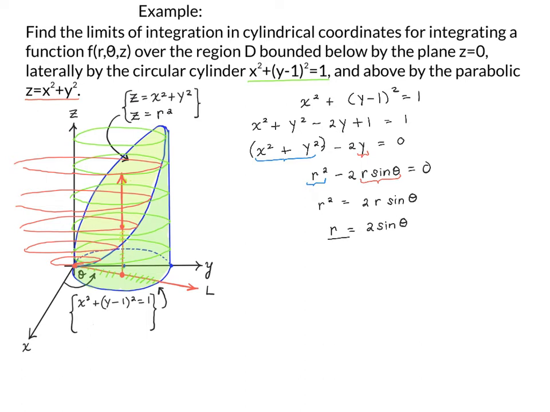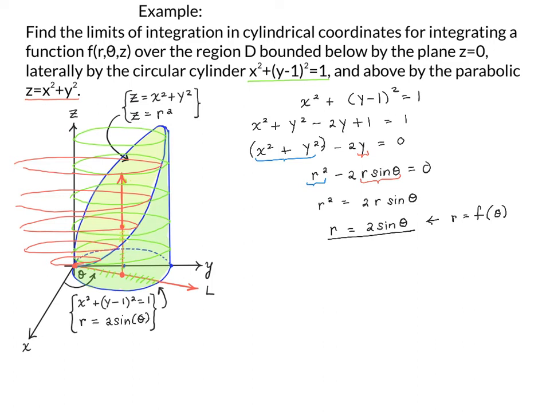So this gives me an equation for r in terms of theta. We really want to write r as a function of theta. And so we come over here and we have the equation for this. The corresponding cylindrical equation is r is equal to 2 times the sine of theta.